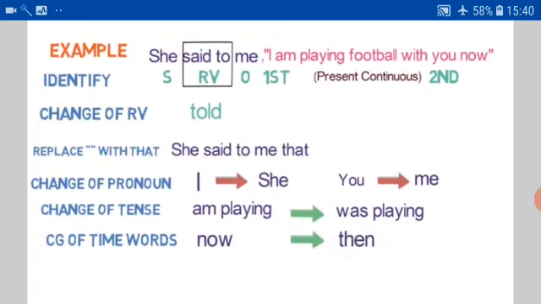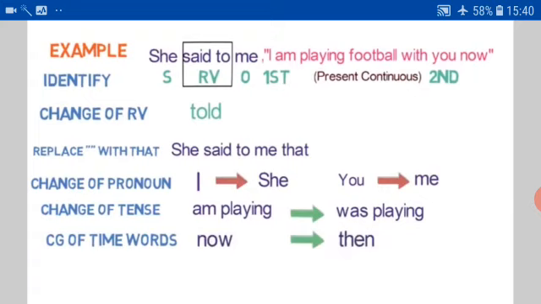Change of tense, it's the fifth step. According to this step we have to change tenses, and our reporting verb is in past, so we have to change tense. Am playing is a present continuous tense, and according to the table we have to change it into past continuous.